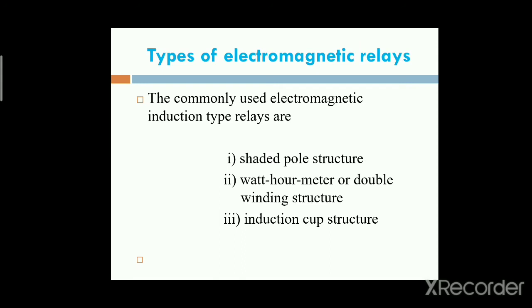In that, mainly we are using the circuit breakers. The circuit breakers will be operated when the relay signal or the alarm signal is given to the circuit breaker; then only it will be operated.